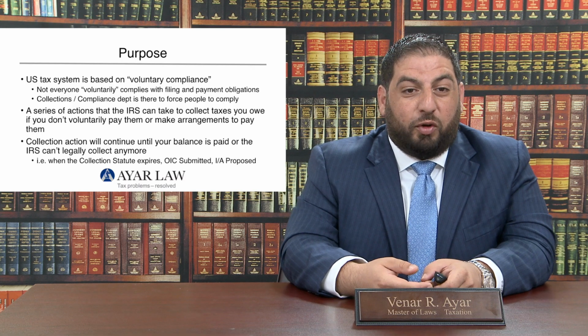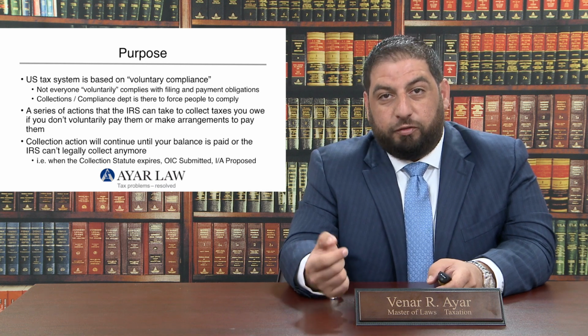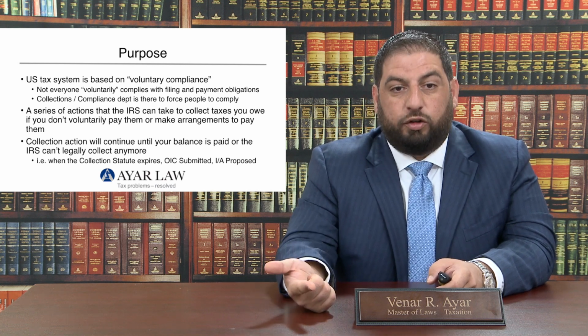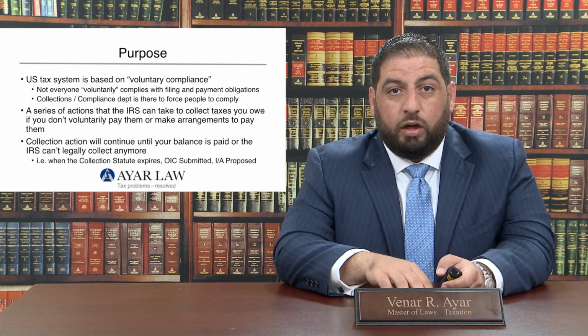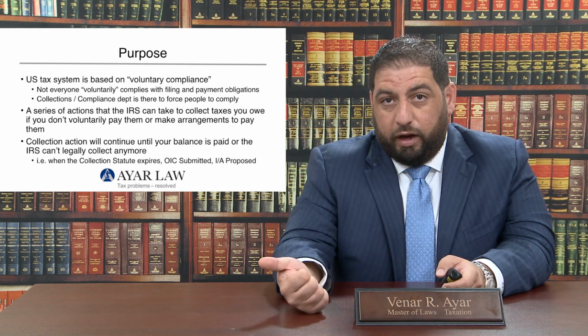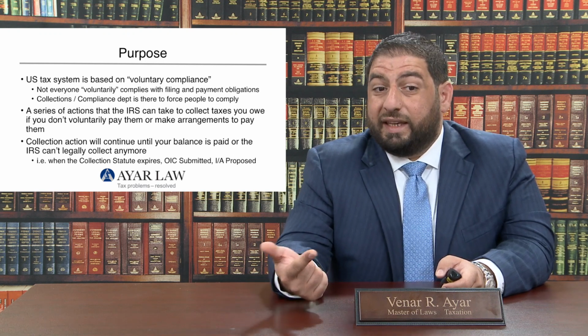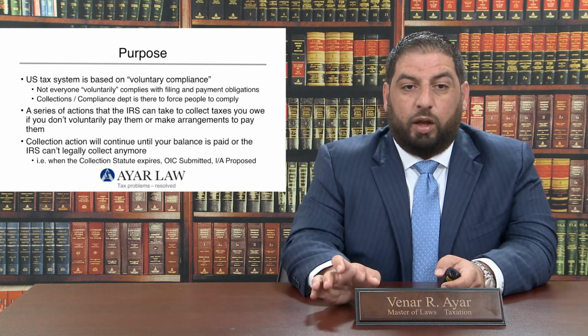But of course, not everybody voluntarily complies with their requirements with respect to filing your returns and paying your taxes. So the collections and compliance department is there to coerce people who are not in compliance with either their filing or their payment obligations and get them into compliance.